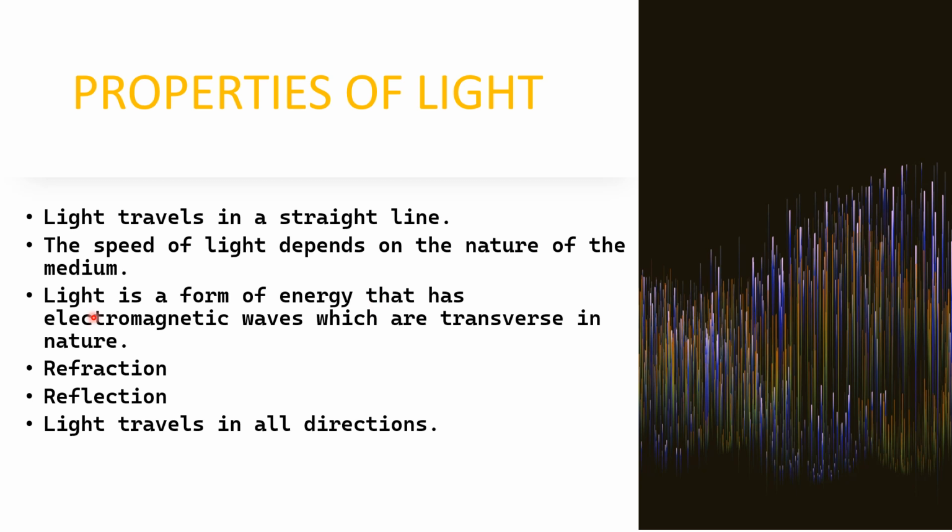It consists of both electric and magnetic properties, that is, electromagnetic waves, and they are transverse in nature. The other properties are refraction, reflection, and light travels in all directions.